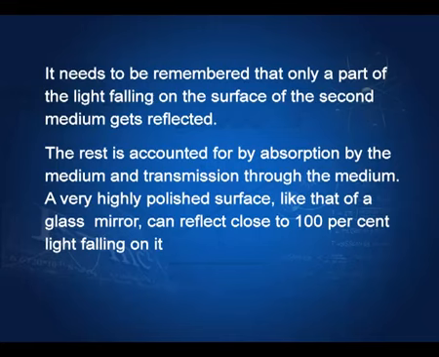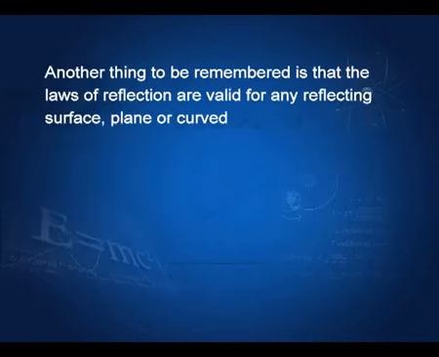A very highly polished surface like that of a glass mirror can reflect close to 100% of the light falling on it. Another thing to remember is that the laws of reflection are valid for any reflecting surface, whether that surface is plane or curved or any other form, it doesn't matter.